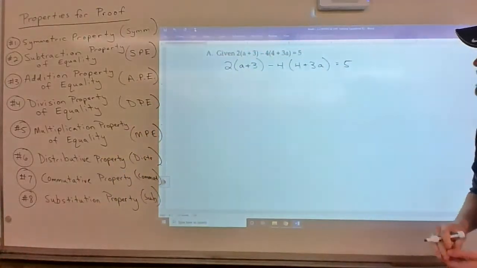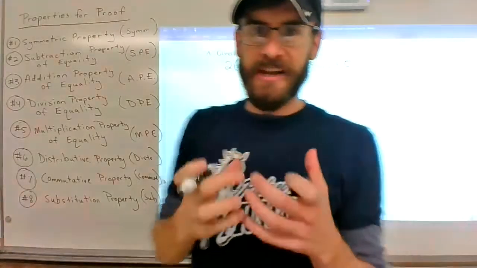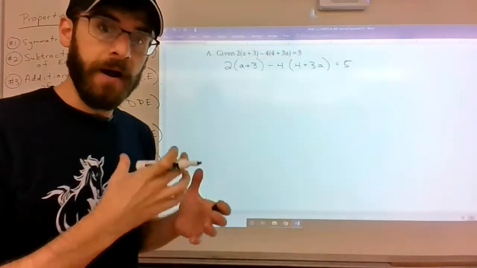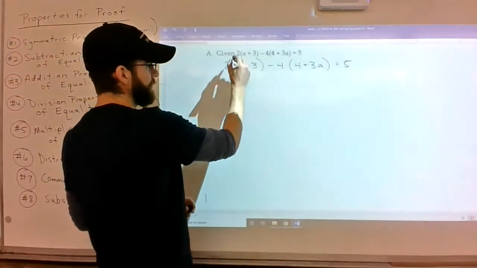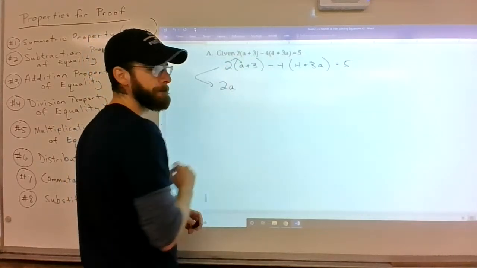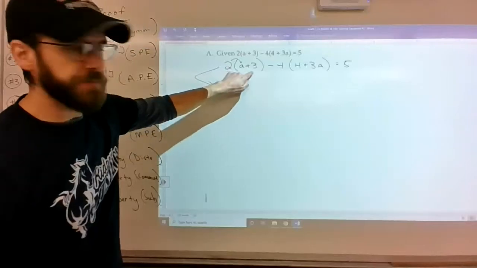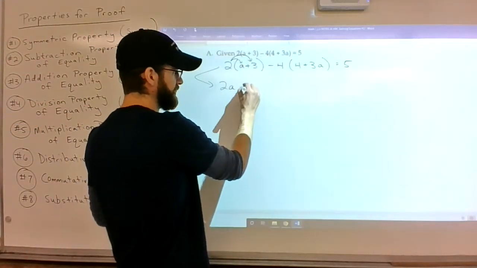All right. Your first move is to get rid of these parentheses so that we can actually combine the a's together and combine the constants together. So this is the distributive property. So I'm going to take 2 times a, which gives me 2a, 2 times positive 3, which gives me positive 6.